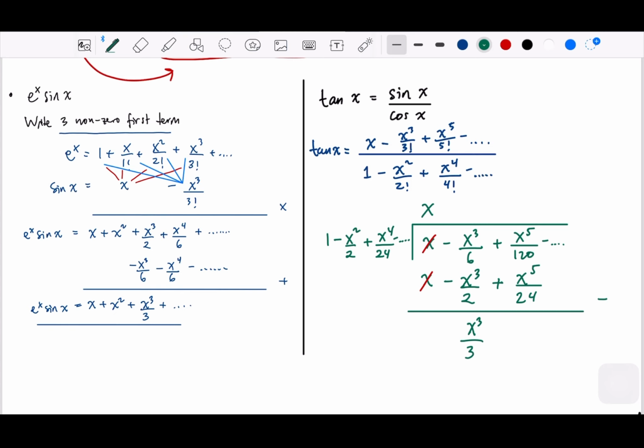And 24, if we multiply by 5, it becomes 120, right? So 5 over 24, over 120, it will be minus, let me write here, just to make sure.